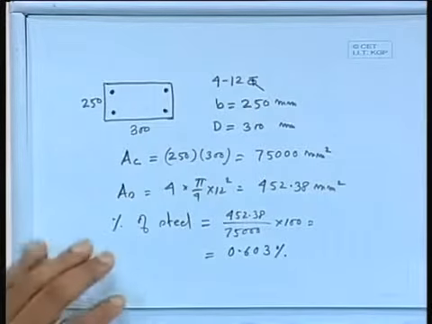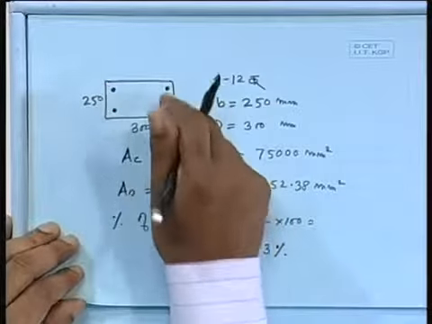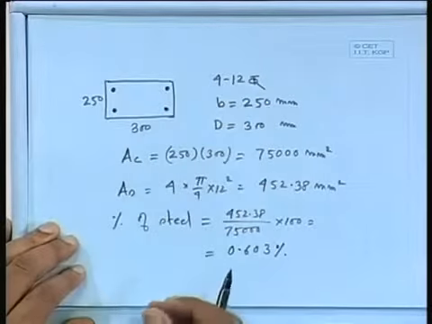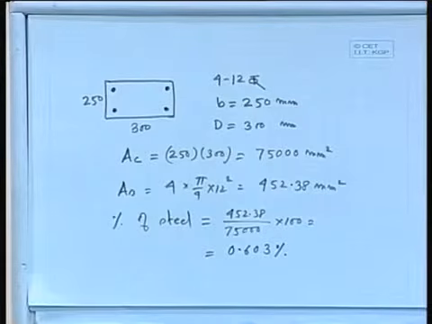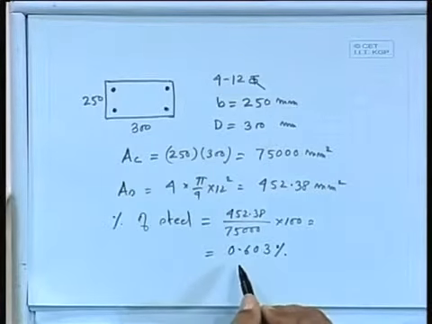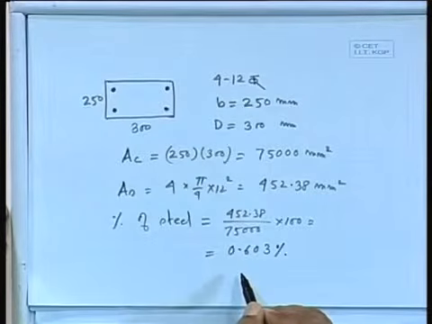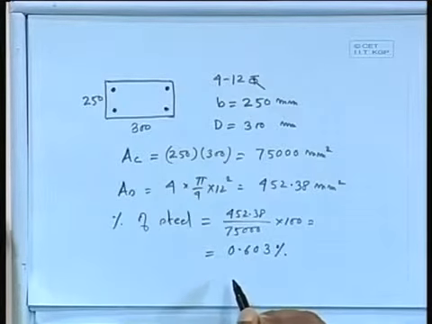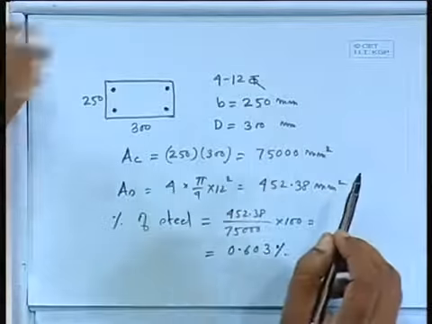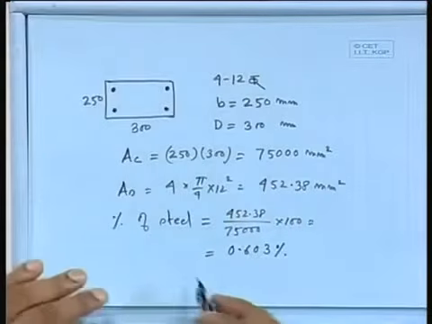So even if this section can take the load that is applied, we cannot provide this section with this reinforcement because it is less than 0.8%. First one, we can calculate according to this formula, Pu.